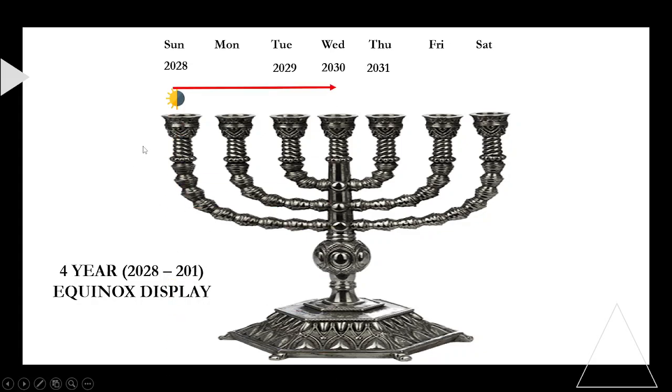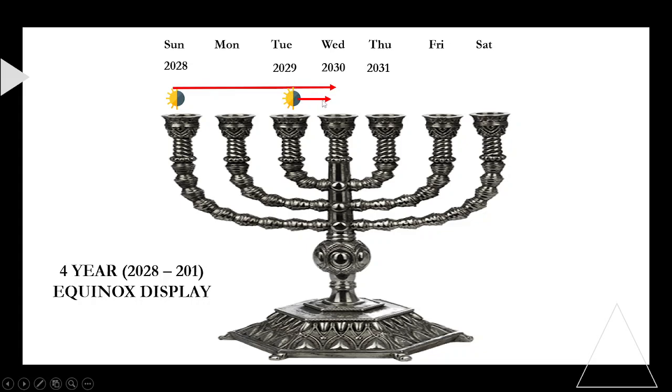Okay. In 2028, the equinox is going to be on a Sunday, right? You are still going to use a Wednesday. So how many days are you going to go over? 3, going to this Wednesday. Okay. On 2029, it skips the Monday and the equinox shows up on a Tuesday.